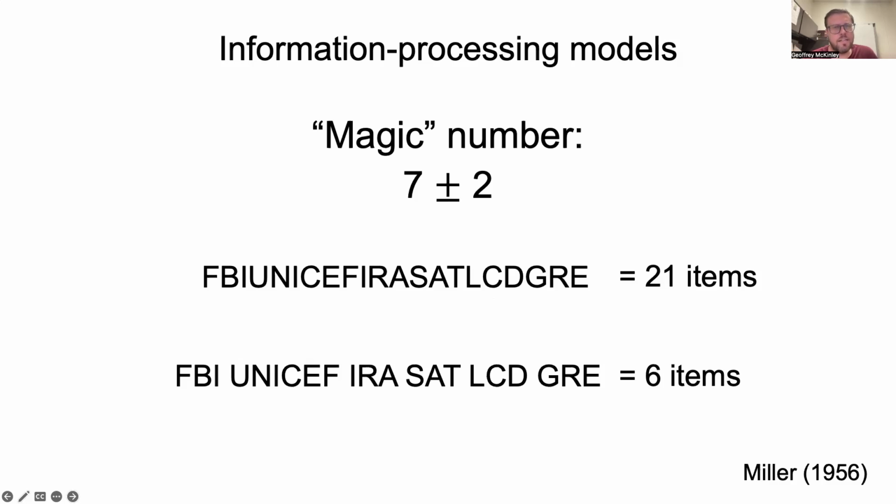I don't know what LCD stands for, but it's a TV, right? GRE is, I think, Graduate Record Examinations, but that's essentially the SATs for grad school. Okay, so we do have processing limitations, capacity limitations, but those can be overcome to some extent when you chunk, right? And in the next video, we'll talk about information processing models of attention.